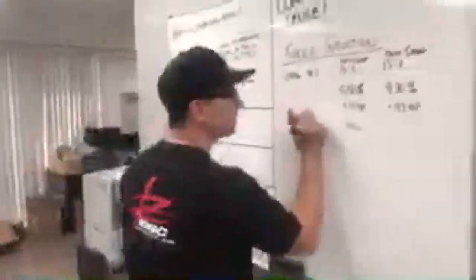What do you get? 9.3. Okay, try 562 divided by 62. Come on, follow along. That would be 9. That's close enough. So we're going to say 562 here.